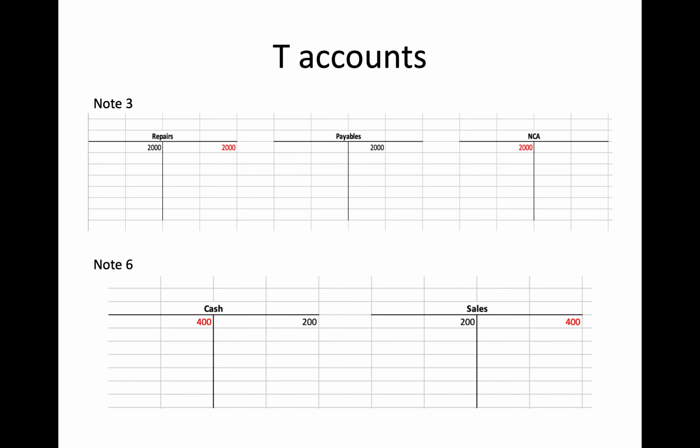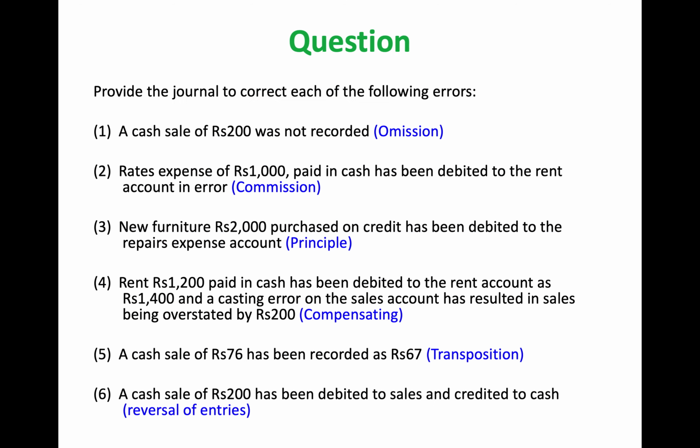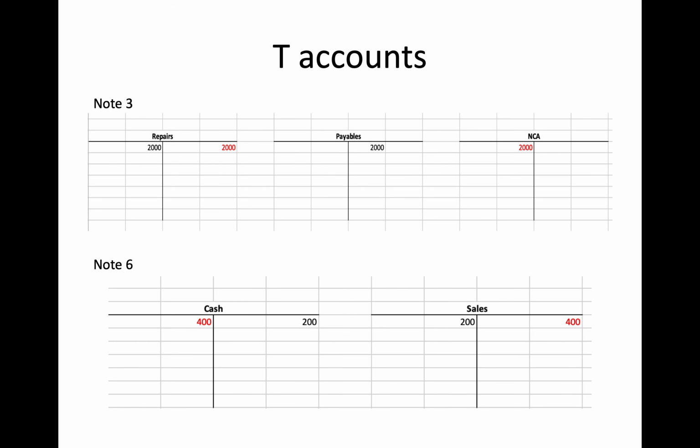If we look at note 6 now, a cash sale of 200 rupees has been debited to sales and credited to cash. Similarly, the writings in black are the original postings.